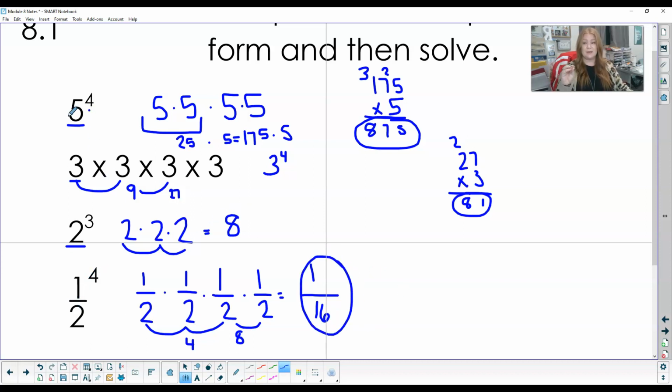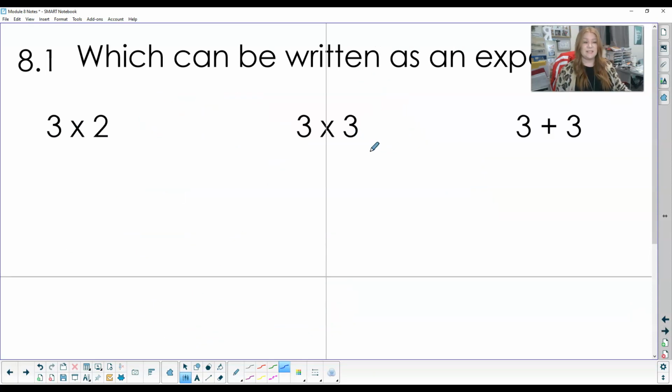So you can see here's our base every time. That's the number that's repeated. The smaller number, the exponent, tells us how many times we have to do that number. Now, which of these can be written as an exponent? We're looking for a number that happens over and over, repeated multiplication.